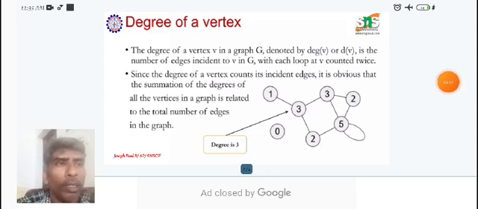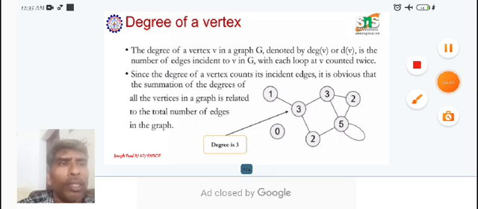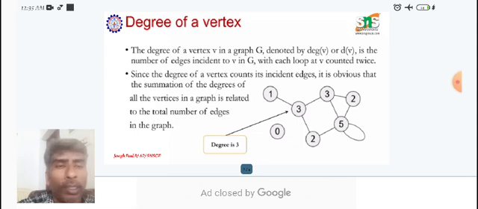The vertex V1 has degree 1. The others are 3, 3, 2, 5, 2, and 0. The vertex with degree 0 is an isolated vertex; it has no edges, so its degree is 0. For the vertex with a loop, the loop is counted twice and the remaining 3 edges are incident with it, so its degree is 5.